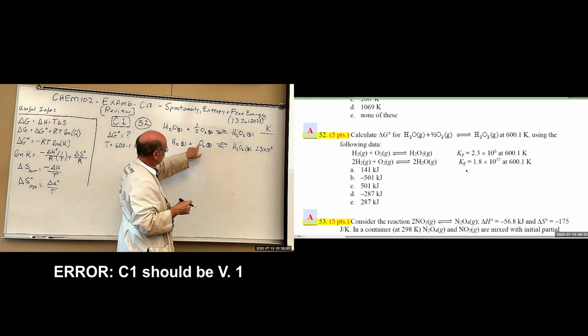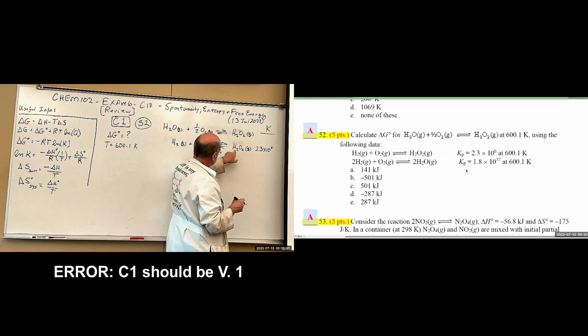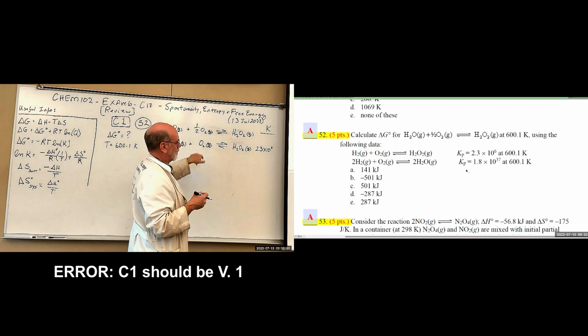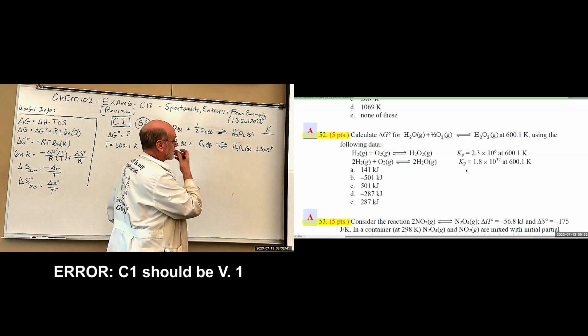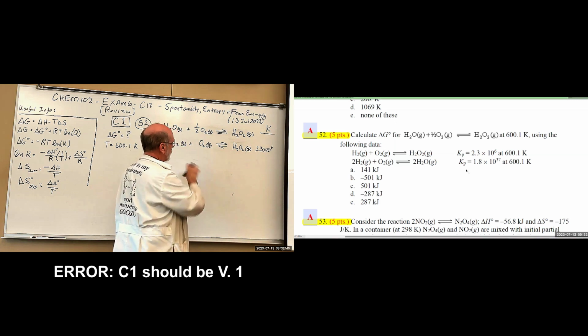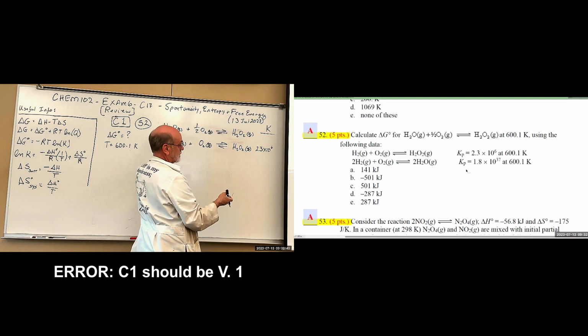It got us more than we need here, but we can't really adjust this one because it'll affect that one. So let's see if the second one will help us with this one. All right, the second one has water on the wrong side. It has water over on the right hand side. We need it on the left hand side.